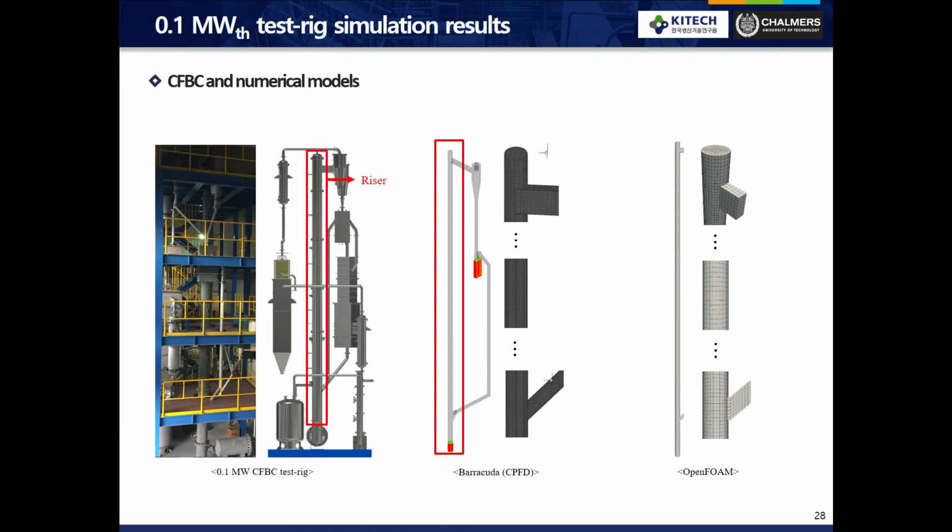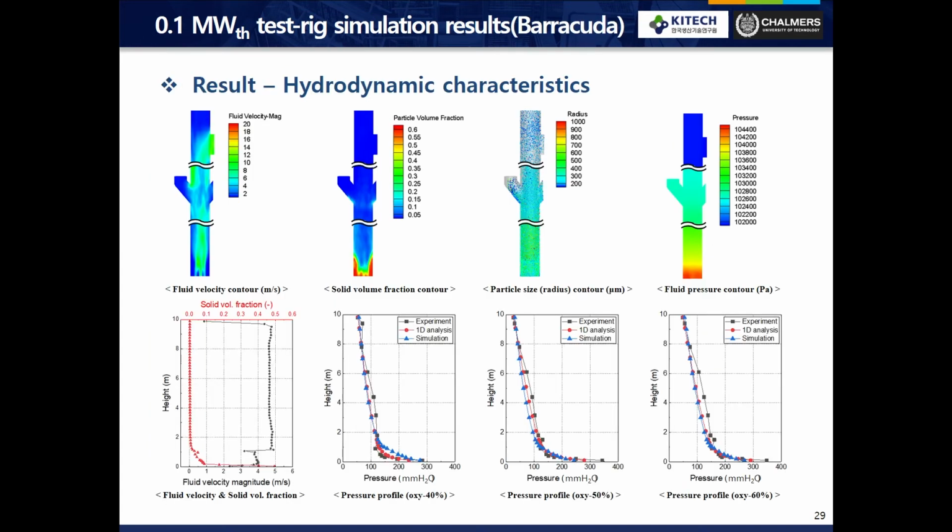This is another example for a small test rig. So again, this is the experiment, and the red line is the 1D simulation, and this blue line is using the 1D simulation as an input condition for the 3D simulations. When you use the experimental condition for the 3D simulations, it's very hard to fit to the experimental data.